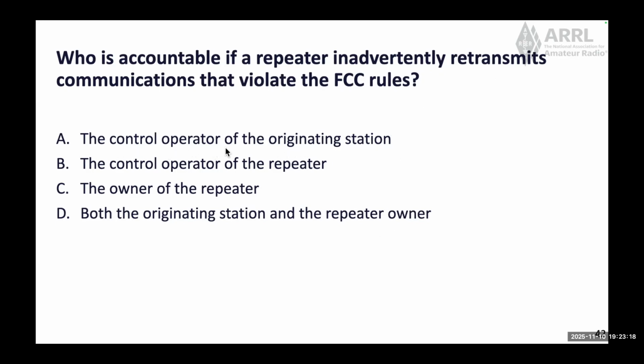So it's going to be A. It's not going to be the repeater operator because they're just retransmitting what they hear. It's not going to be the owner of the repeater. And the FCC doesn't hold both parties responsible. It's going to be where that violation started from, and it's going to be the control operator of the originating station.